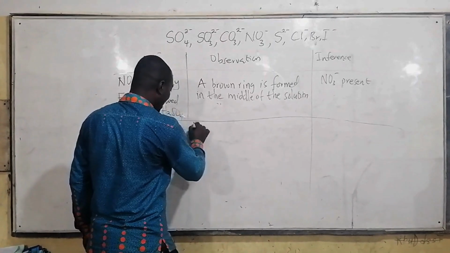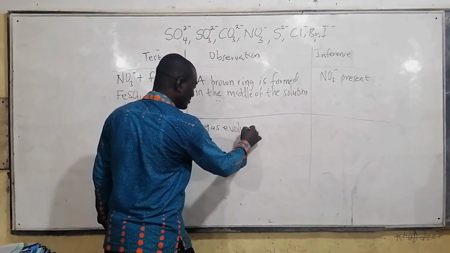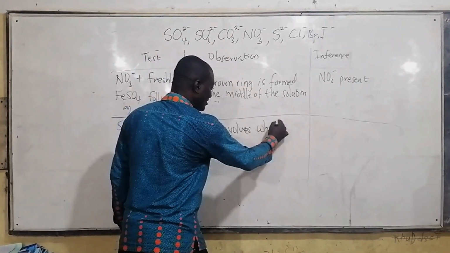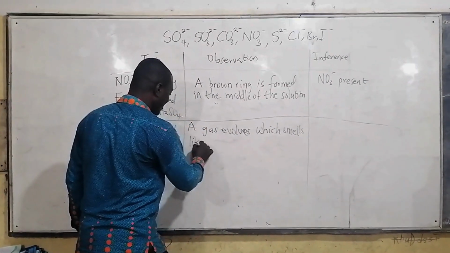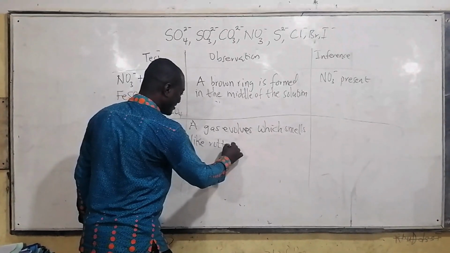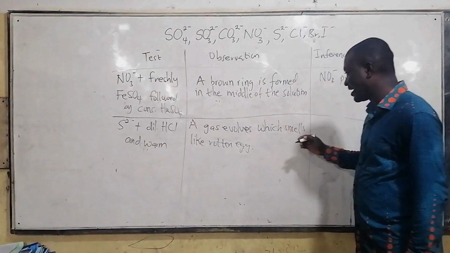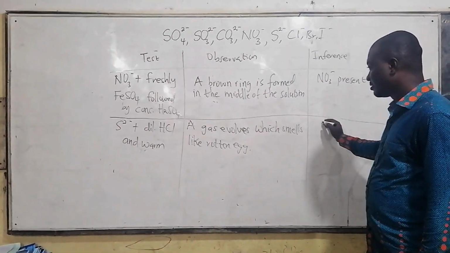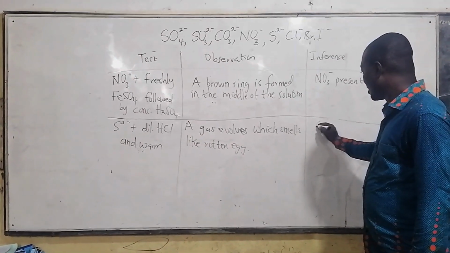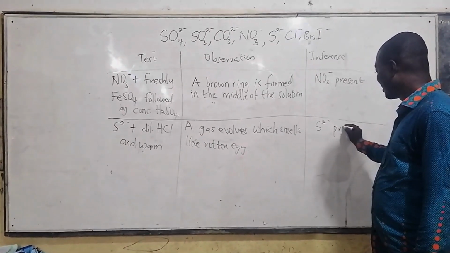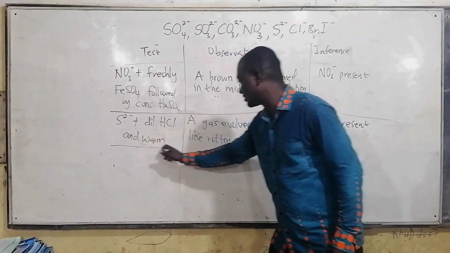So a gas evolves which smells like rotten egg. Then it implies that S2 minus is present.